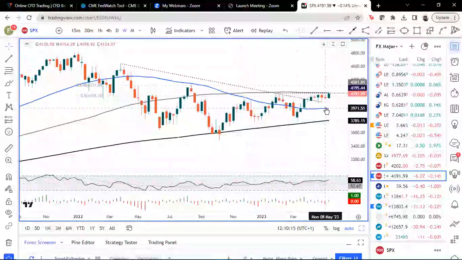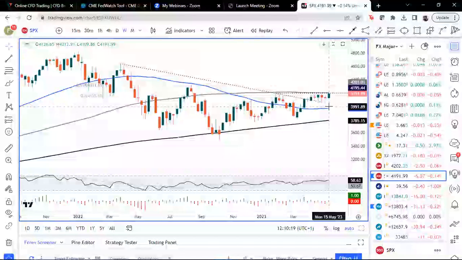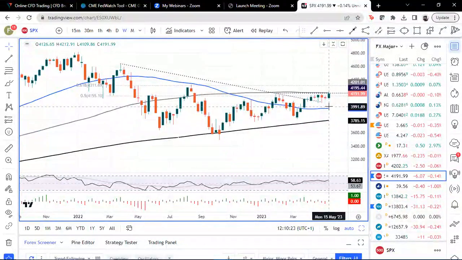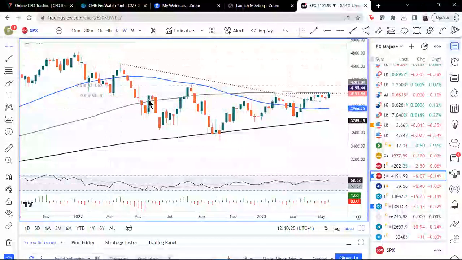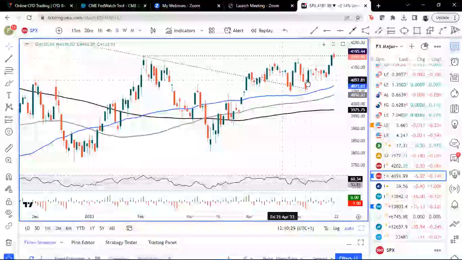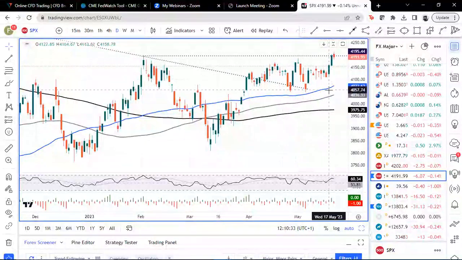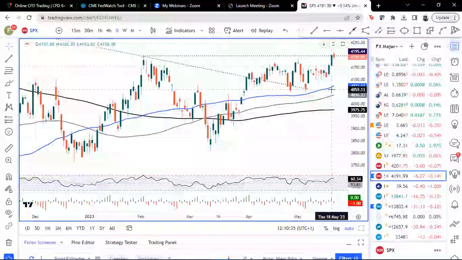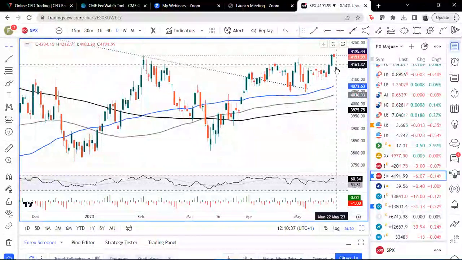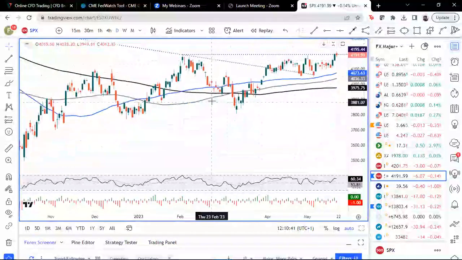We look as though we've got an upside break there, but really we need to close above 4200 decisively for more upside. If we go to the daily, you can see the push out of the range, two strong days last week, Wednesday, Thursday, and then Friday just hanging around that, couldn't quite push above it. So that level, 4200, is still key for us.